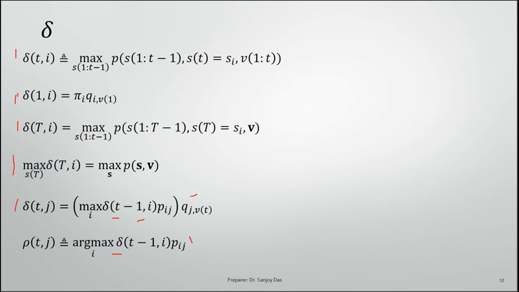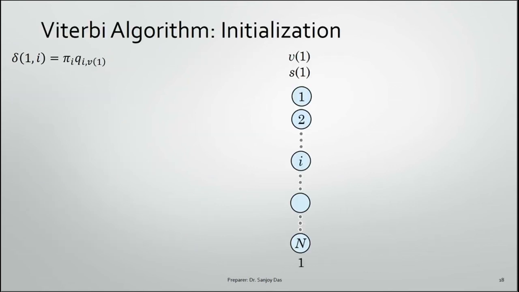Okay, so with this, we are ready to construct the Viterbi algorithm. We begin by initialization. So it's like the forward algorithm. We are going forward. So we begin with time step 1.